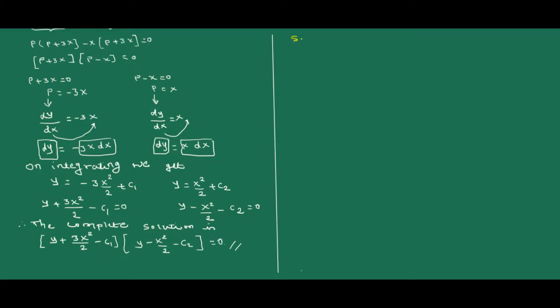Solve x square p square plus xyp minus 6y square is equal to 0. So in this case also, this minus 6 we can write as 3 into minus 2. 3 into minus 2 is equal to minus 6, and 3 minus 2 is equal to 1, which is the coefficient of this term.